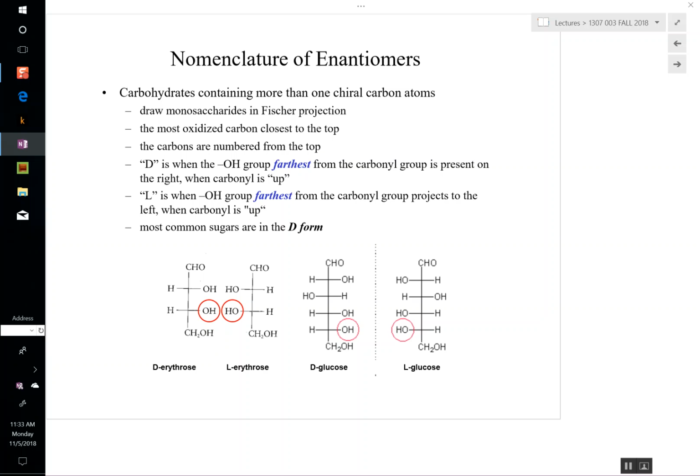Because the wet chemistry we would do in the lab, just like you making the molecules, if we had 50 teams of students making these molecules, and I said, let me see what you made, probability would be 25 of them would make D and 25 of them would make L. They're just randomly putting it together. That's what's happening in the lab. The molecules are randomly synthesizing into glucose.